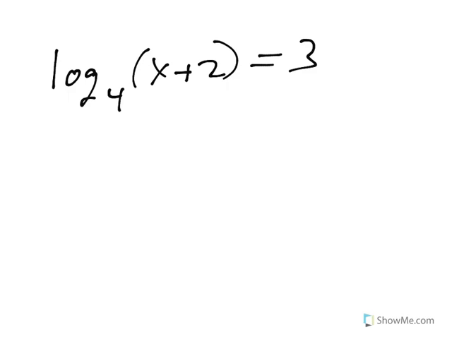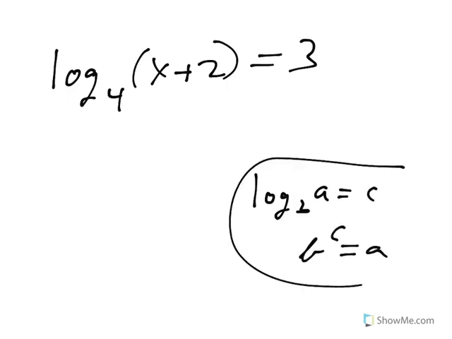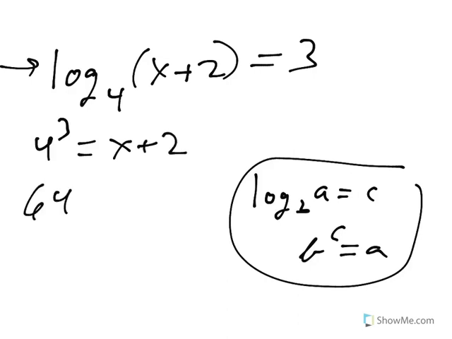One way to do a question like this is to just rearrange. Remember, if log base b of a is equal to c, then b to the c equals a. Those are equivalent things. So I can rearrange it as 4 to the 3 equals x plus 2. 64 equals x plus 2. X equals 62.